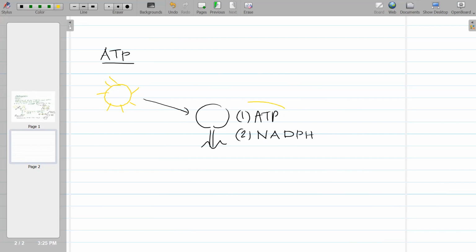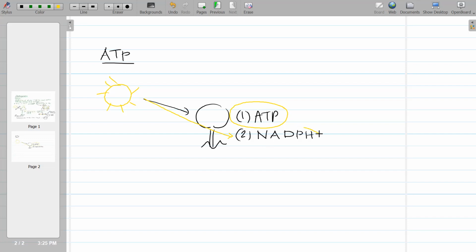The ATP molecule is the well-known molecule which can trap this energy and is used by all organisms, including bacteria, plants, and animals. The second molecule is also produced using the sunlight, is important for the plants, and is called NADPH.